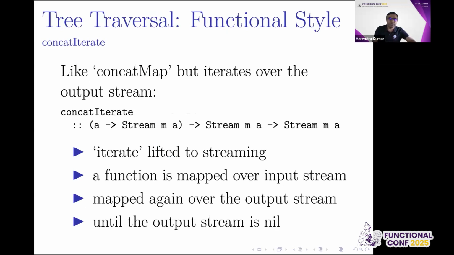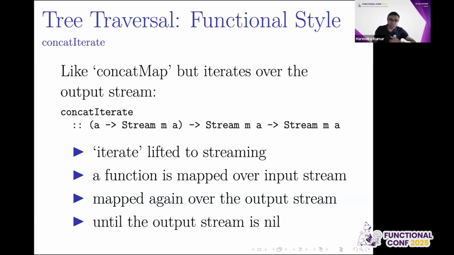So we have a combinator called concat iterate in Streamly, and several versions of that. What it does is it's like concat map, but it iterates over the output stream. This function a to stream m a will generate a stream from each element in the input stream.